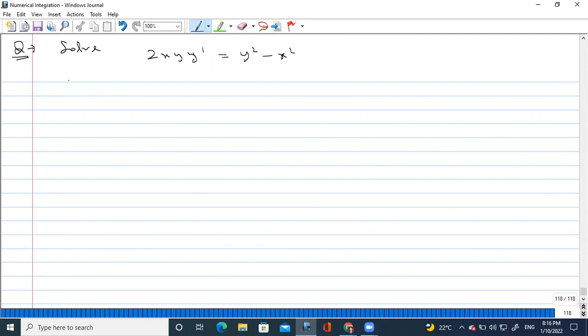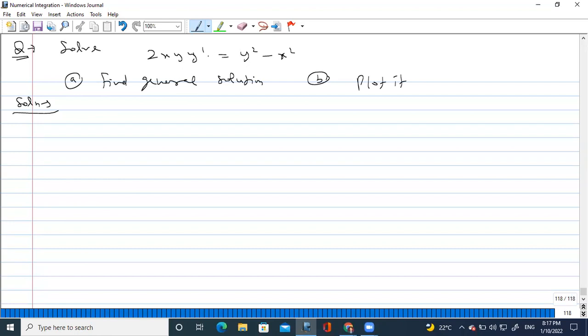This question has been asked: find the general solution, and second, plot it. Whatever the general solution has come, you have to plot it. So this type of question, how can you do it?